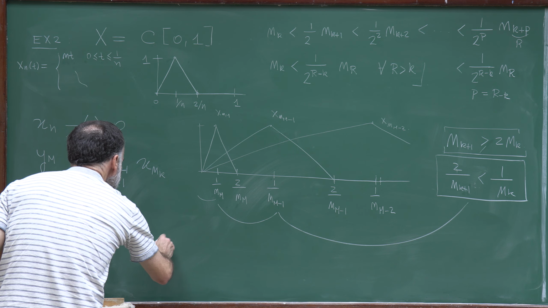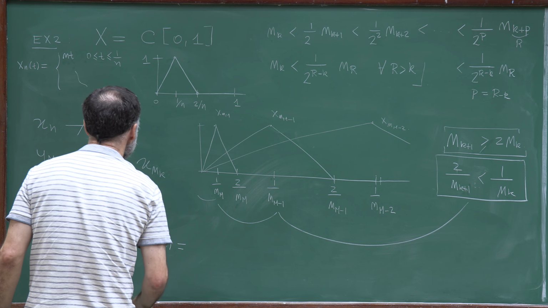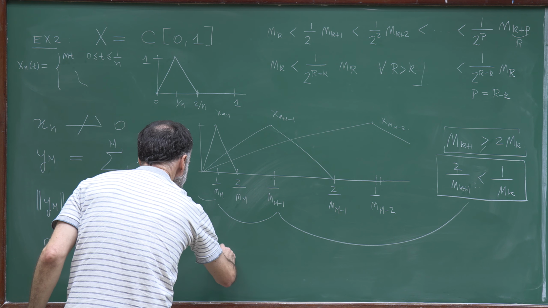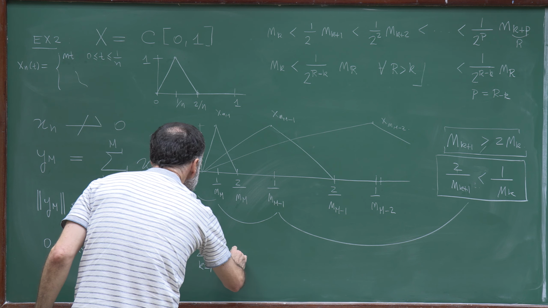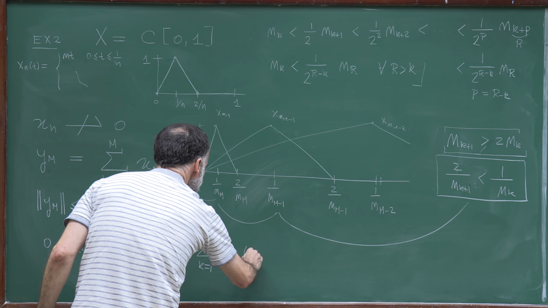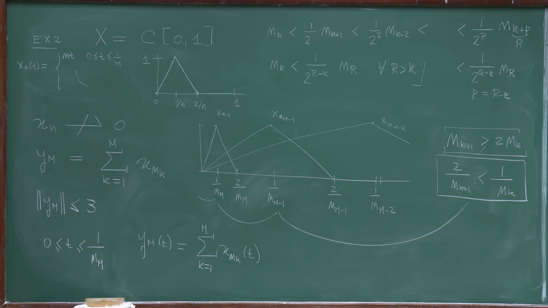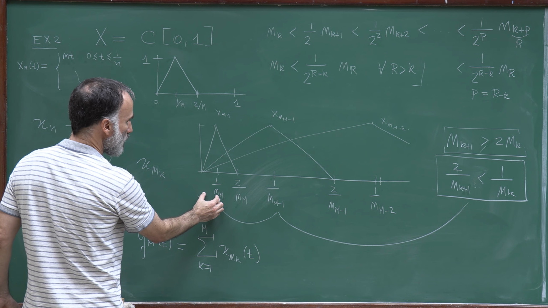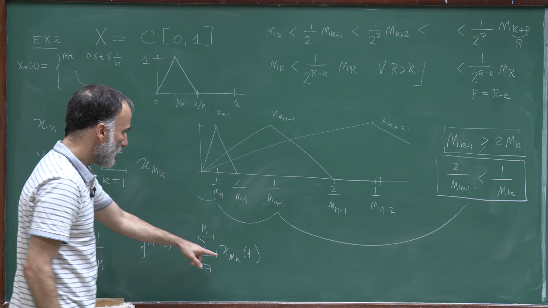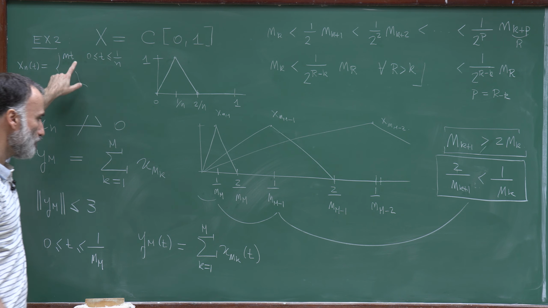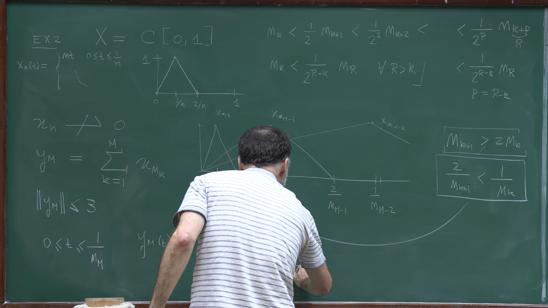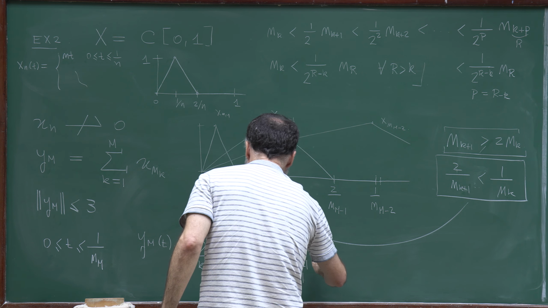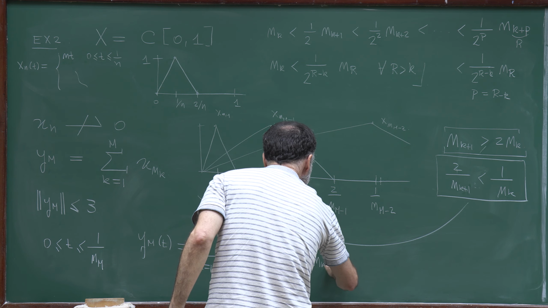So now let me consider a t between 0 and 1 over n m. So y m of t is equal to the sum from 1 up to m of x n k of t. But in this interval, 0 to 1 over n m, all x n k of t are defined in this way. So this is equal to the sum from 1 up to m of n k times t.